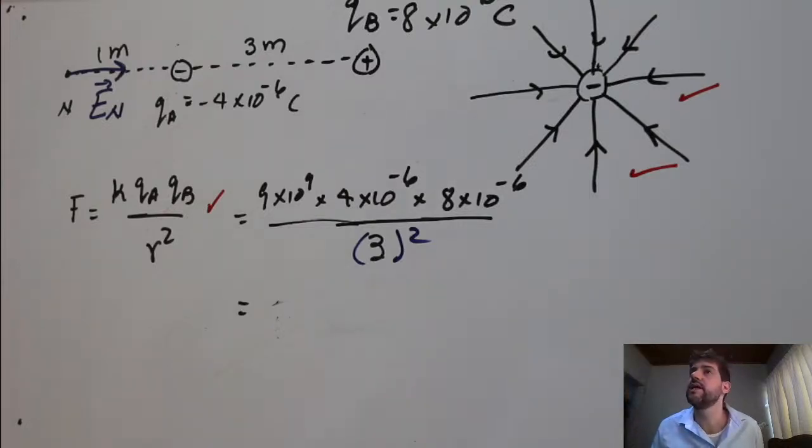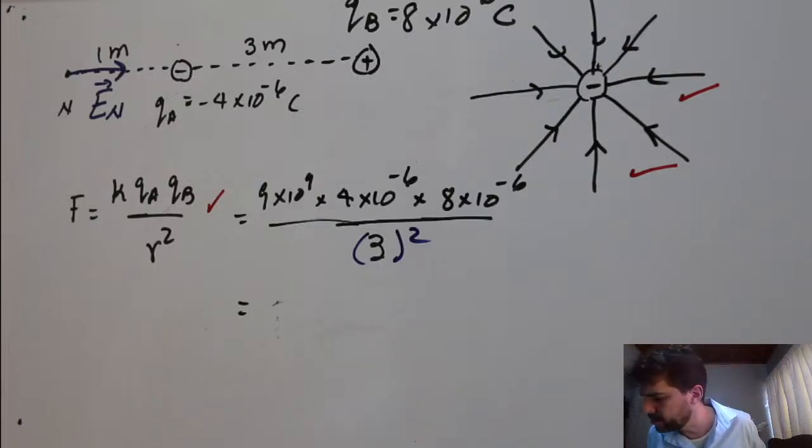Times 10 to the 9. Is the answer in the solution wrong? I don't get that answer, guys. I don't get the same answer as the memo. 0.032. I don't get the same answer as the memo. Right?